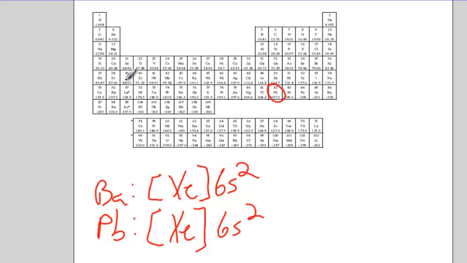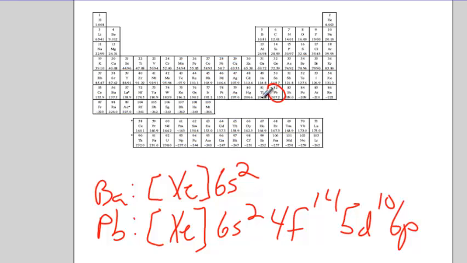So 6s2, 4f14. Then we're all the way back to here, that's the 5d, 5d10. Then now we're over here in the p's, so that's 6p, 6p2. And that's the noble gas configuration for lead.